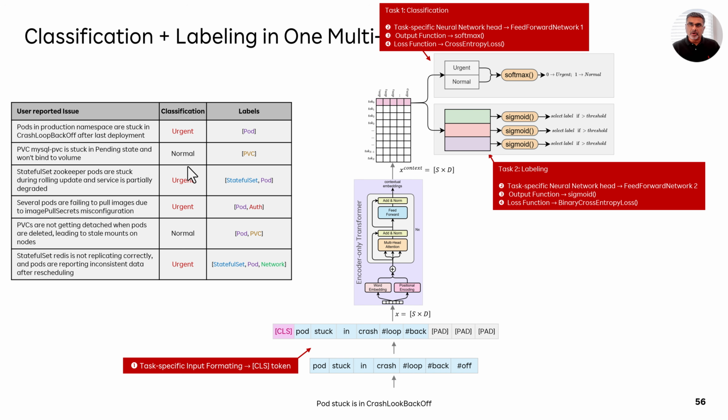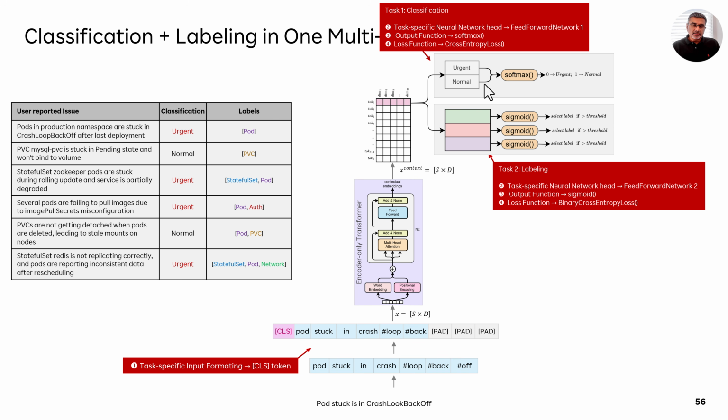So you're going to have two logits at the end of that feed forward neural network. If the first logit is picked, it's an urgent issue; if the second logit is picked, it's a normal issue. If you have two logits and you want to pick one of them, you would use softmax as your output function, and because you're using softmax, your loss function is going to be the cross entropy loss function.